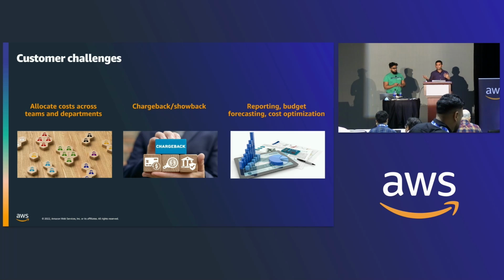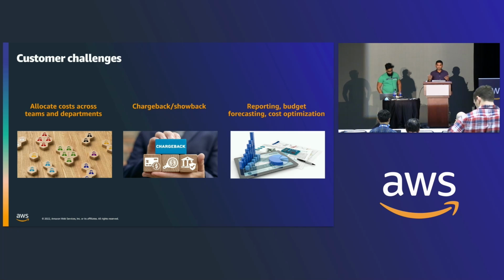And what customers have been doing until now is to use some kind of a manual approach. That could be a spreadsheet, for example, wherein they manually aggregate costs and then try to allocate them. But the problem is that it may not always be accurate, because customers sometimes have private pricing agreements or discounts that need to be applied, and those may not be accounted for accurately.